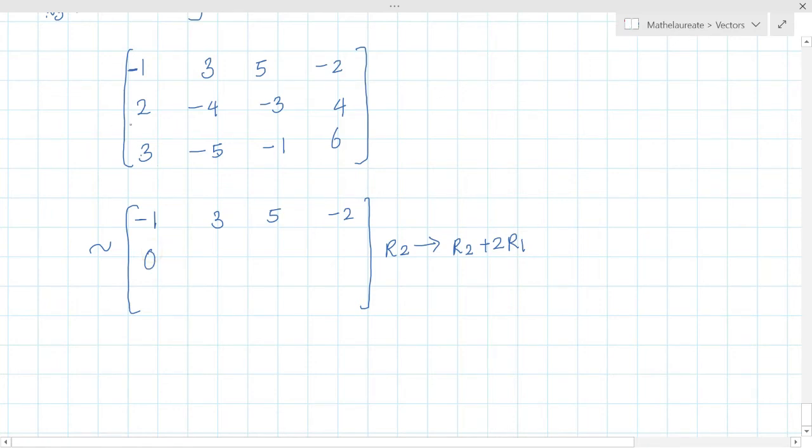So 2 minus 2, we make it 0. Coming to the second term, R2 is minus 4, plus 2 times the corresponding term 3. Minus 4 plus 6 will make it 2.